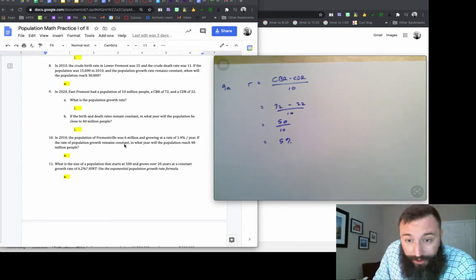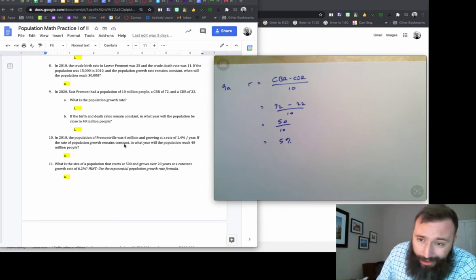Oh, this becomes more difficult, though, in 9B. Look at this one. So this is how we make it more hard, I suppose. If the birth rates and death rates remain constant, in what year will the population be close to 40 million? Now, if you go back to the original question, it says 10 million.